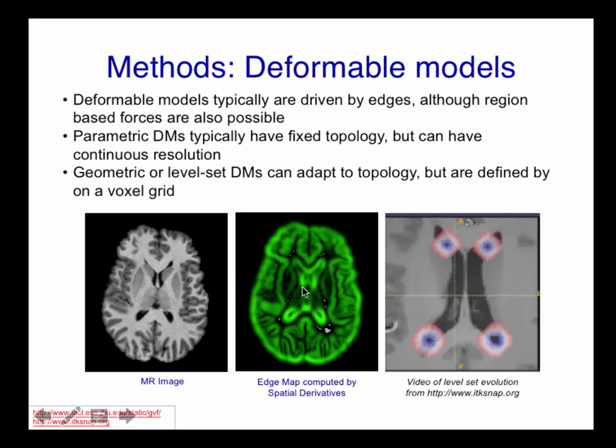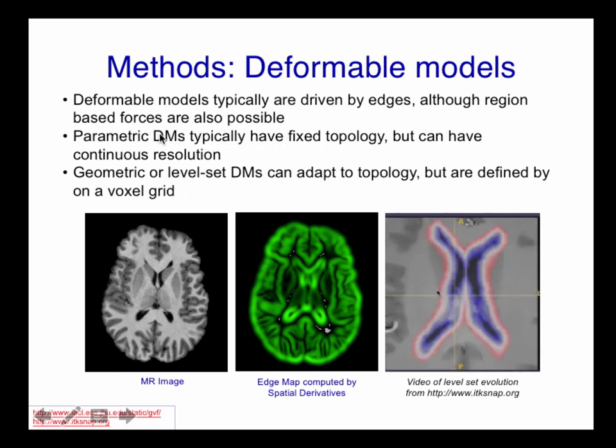This is often used as an intermediate step for driving these deformable models. And there are two kinds used most often: parametric deformable models or geometric deformable models, which are also called level set models.